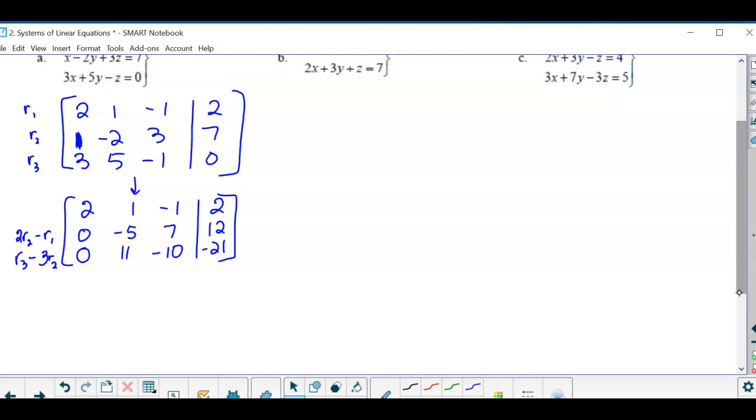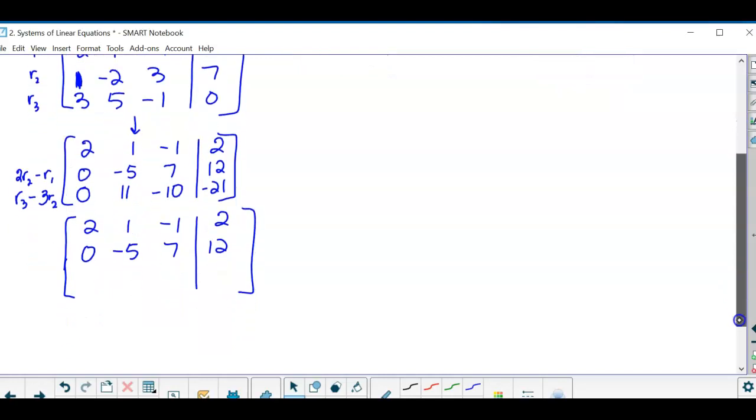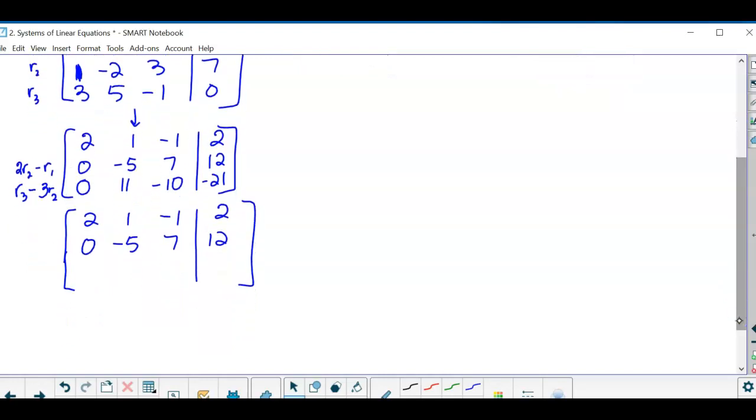Okay, so this one would be 2, 1, 1, 2. So now this is our new R1 and R2 and R3.